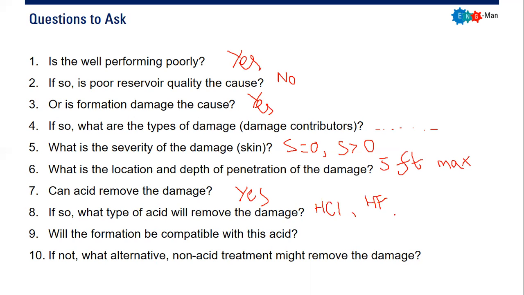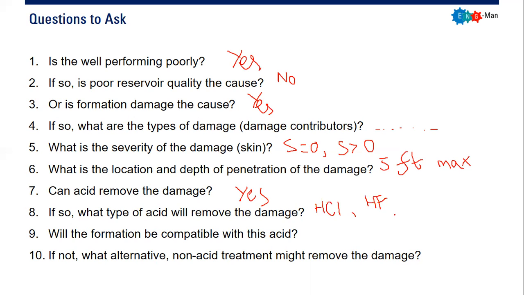And number 9, will the formation be compatible with the acid? Should be, hopefully. All right, hopefully the acid is compatible with our formation. If not, there will be byproducts, there will be more problems resulting from the acidizing reaction.